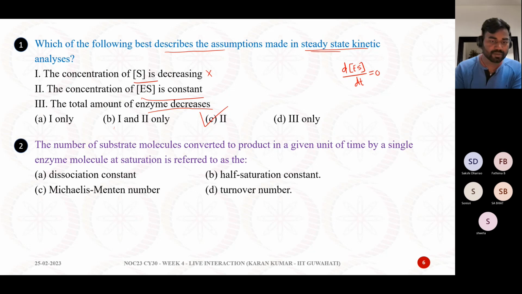Now the next question is: the number of substrate molecules converted to the product in a given unit of time by a single enzyme molecule at saturation is referred to as option A dissociation constant, option B half saturation constant, option C Michaelis-Menten number, option D turnover number. What is this particular thing known as?